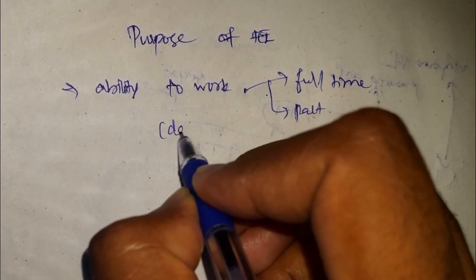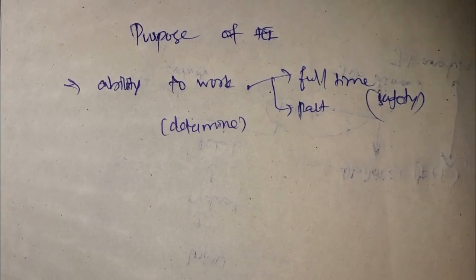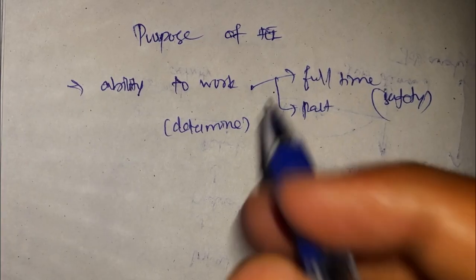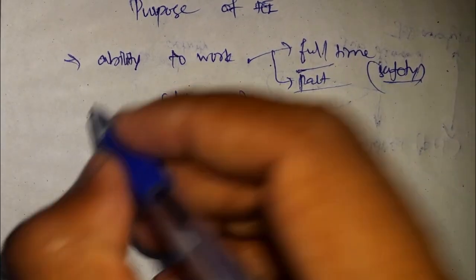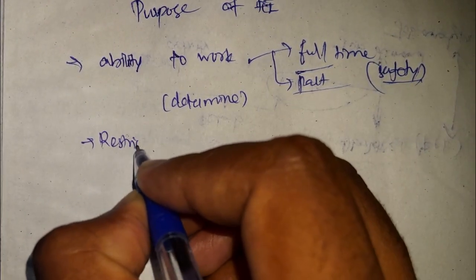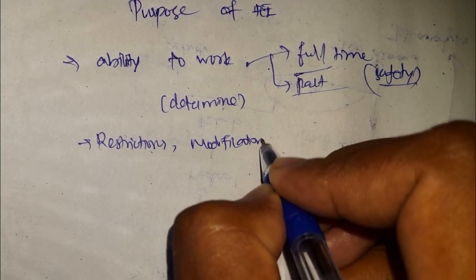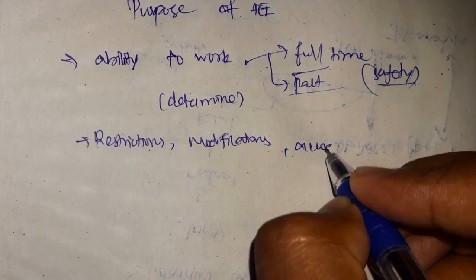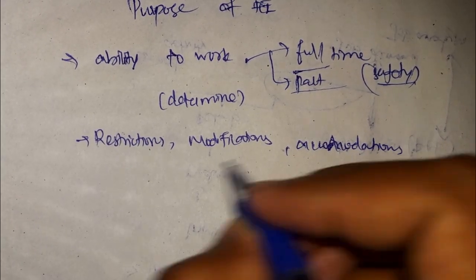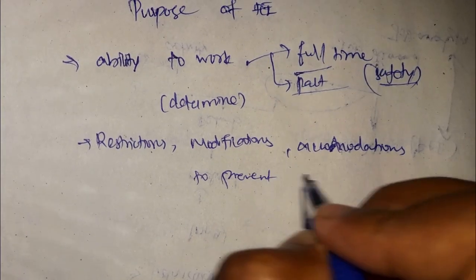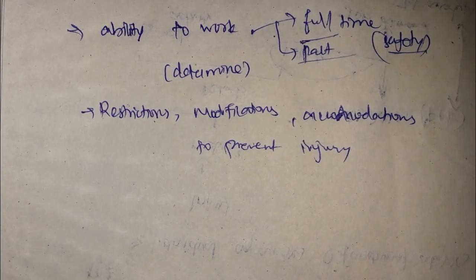So we can determine timing and safety first. We can also determine what restrictions and modifications they need, and what accommodations are necessary to prevent injury or complications in the workspace. To determine this, we use the FCE.